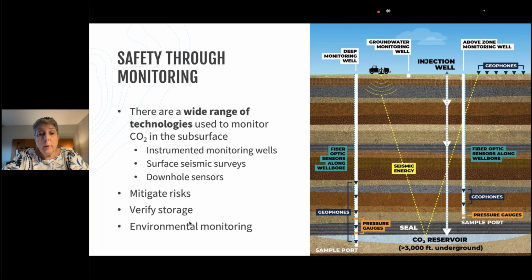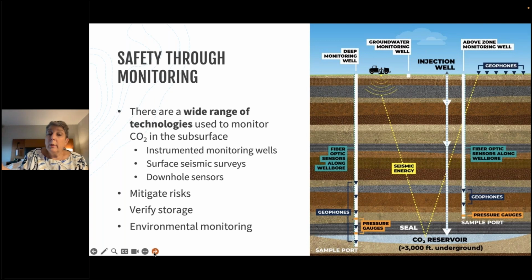The UIC program has a specific class of wells that governs how and whether or not you can store carbon dioxide through a well.